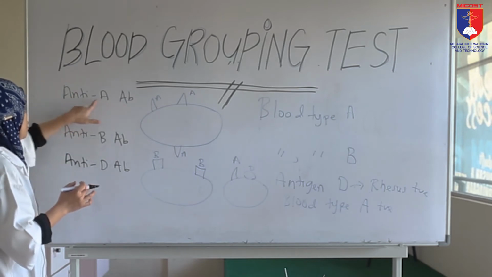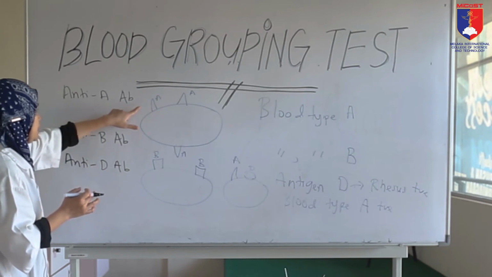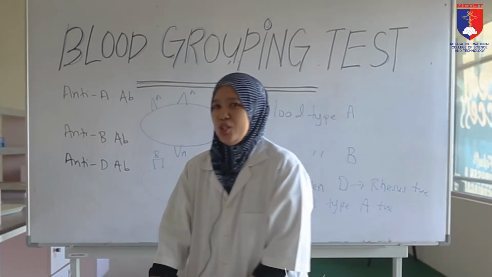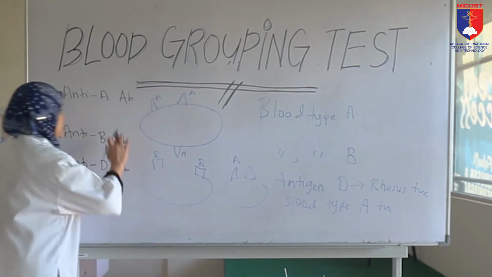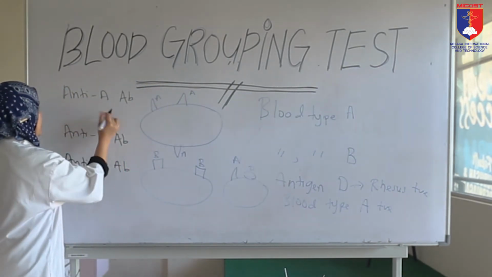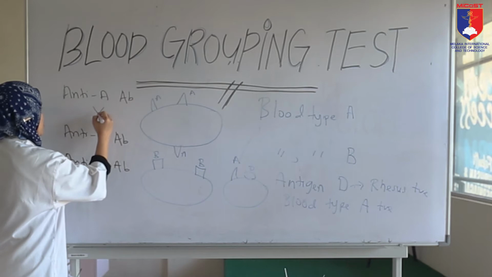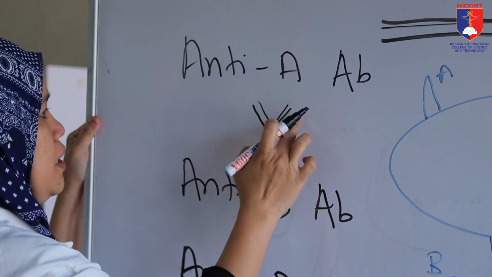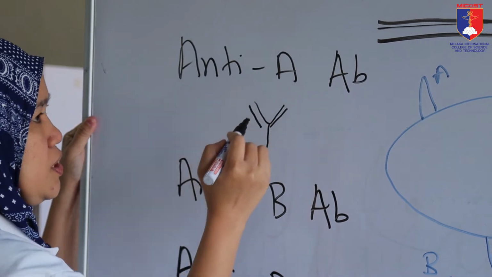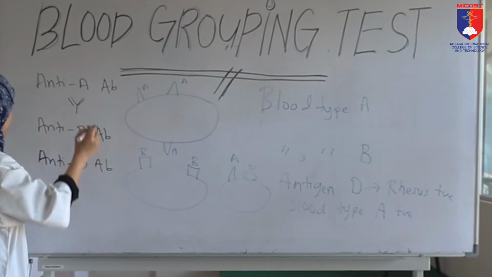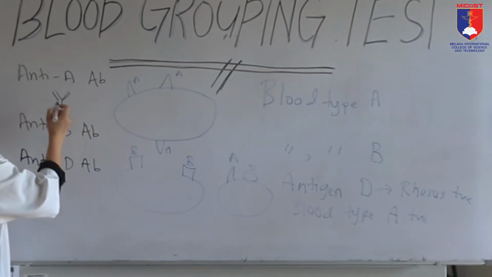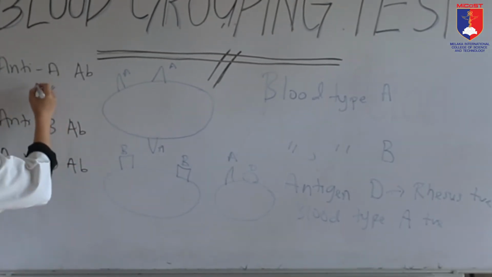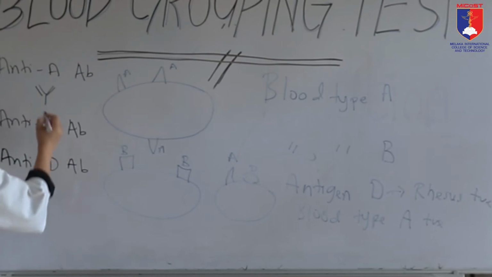After anti-A antibody detects the presence of antigen A, here is an example of the structure of anti-A antibody. This is the structure of an antibody, Y shape, and on the Y shape there is a site called the antigen binding site.